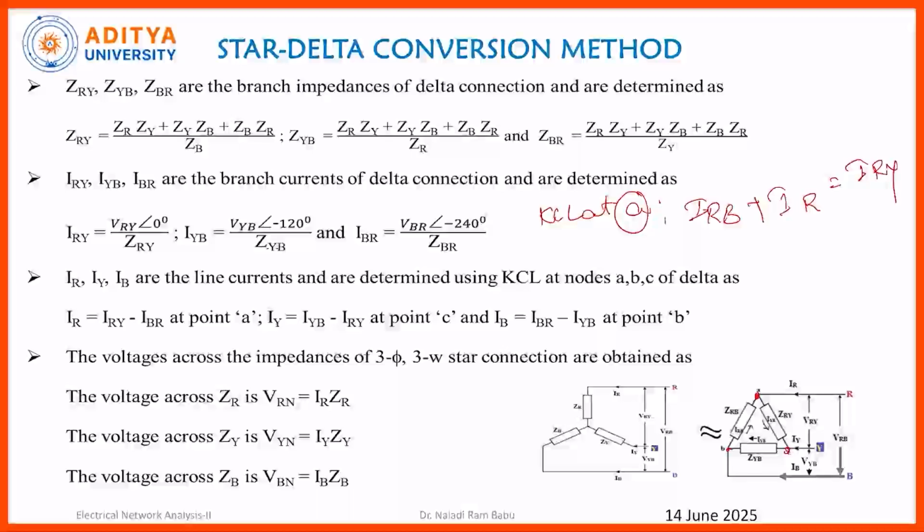Therefore the line current IR is equal to IRY minus IRB. This you got it.